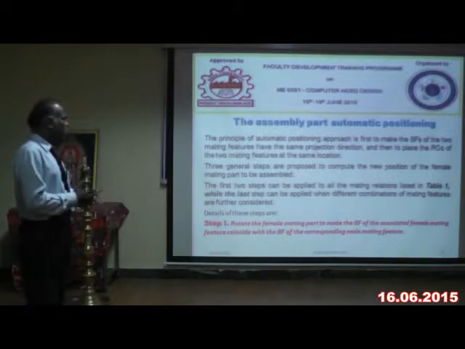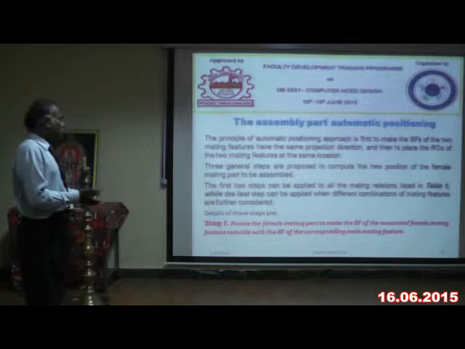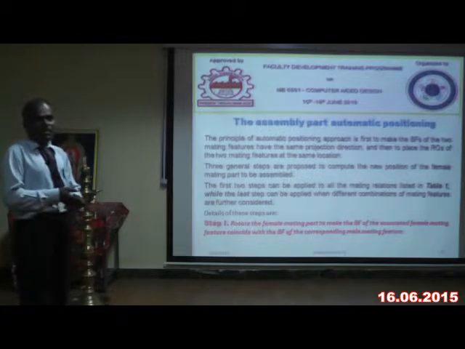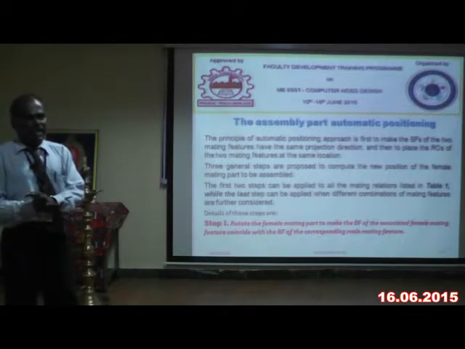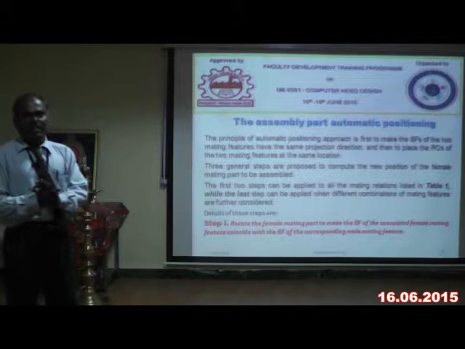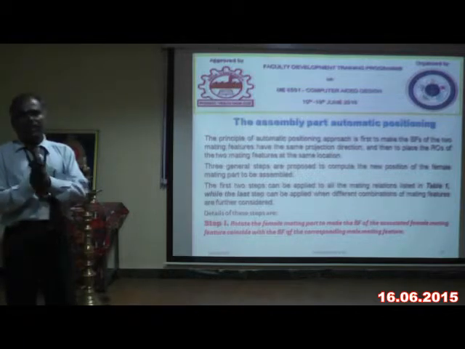And then the two places of reference origin of the two mating features are at the same location. Any number of parts will be there in the entire assembly, but we must consider at the same time the two mating parts only. After completion of the two mating parts, another.